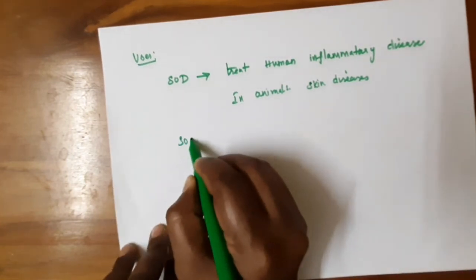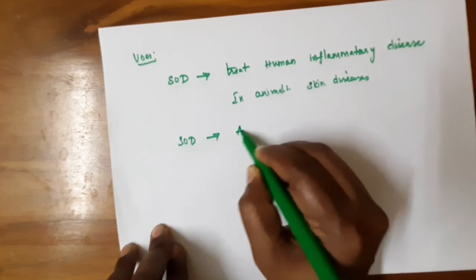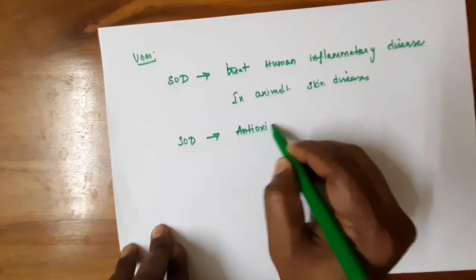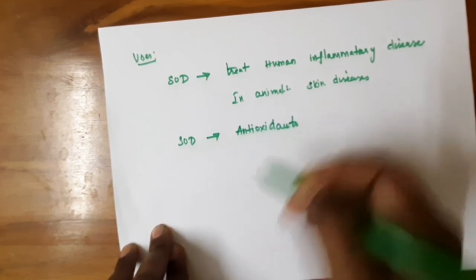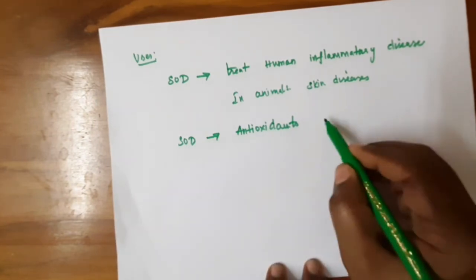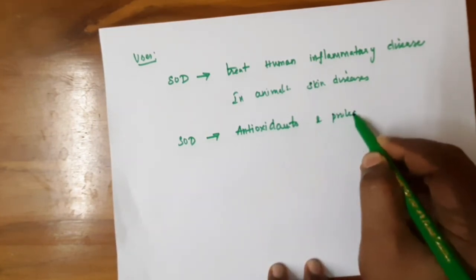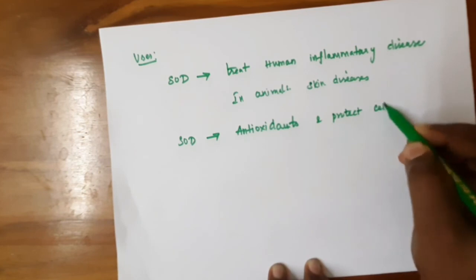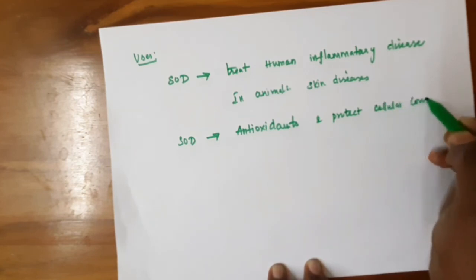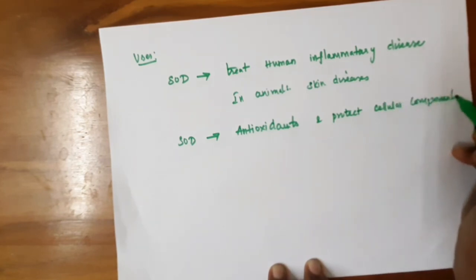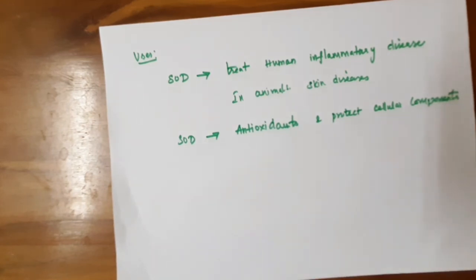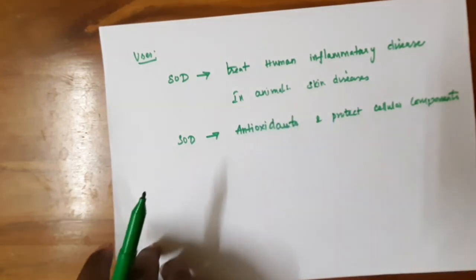And this SOD acts as an antioxidant in several biological reactions which protect cellular components. Certain bacteria also produce superoxide dismutase to kill harmful microorganisms. Okay, so these are the uses of superoxide dismutase.